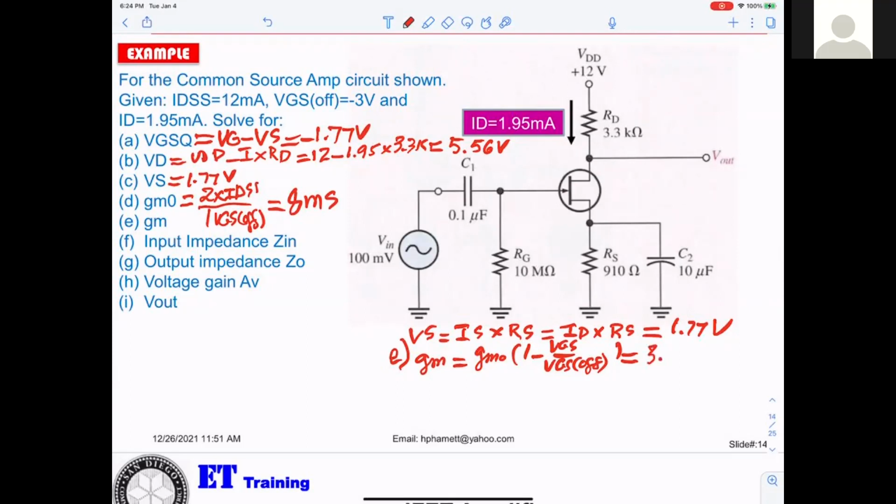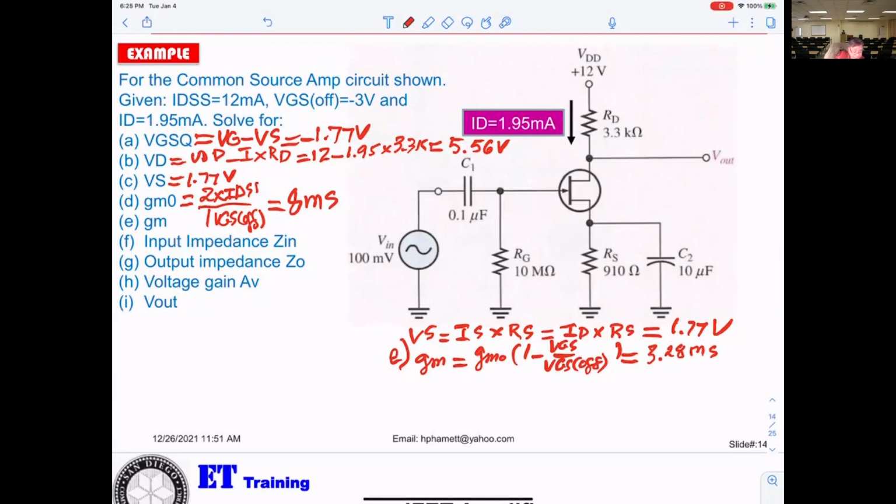That's correct. 3.28, right? 3.28. If you get a different answer, let me know. Okay.